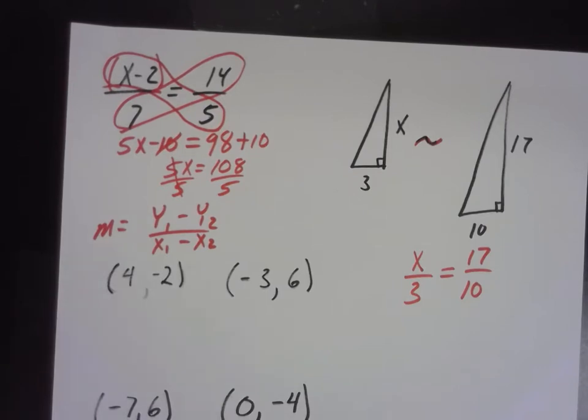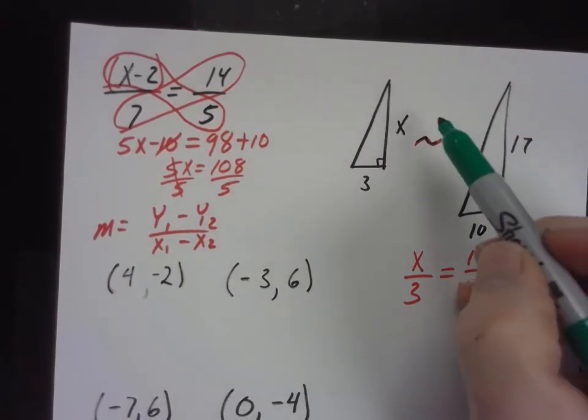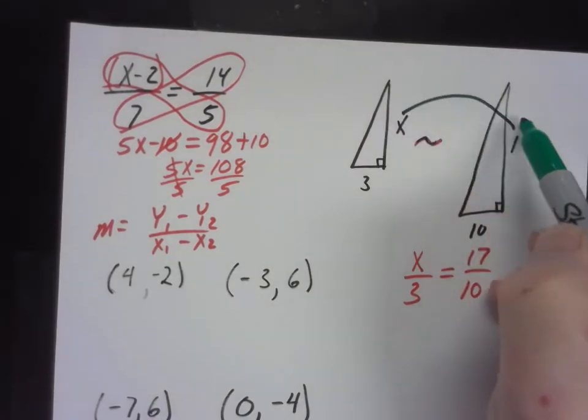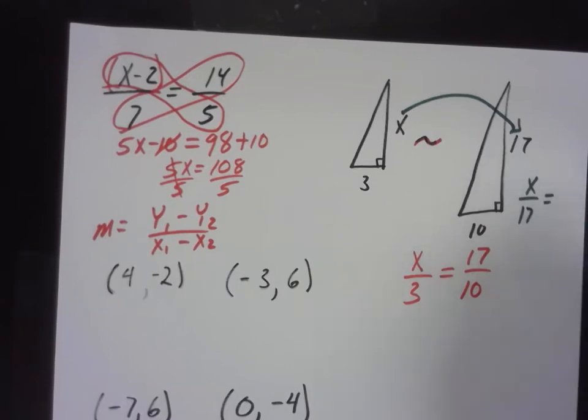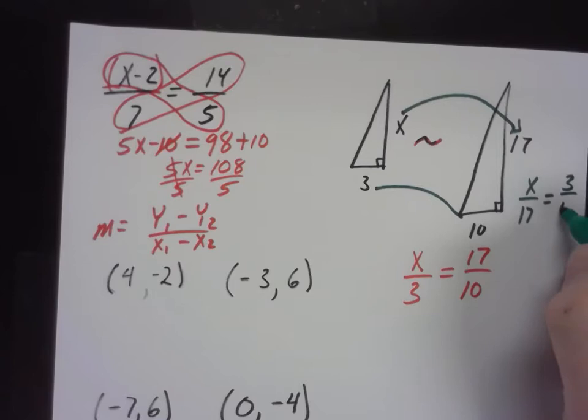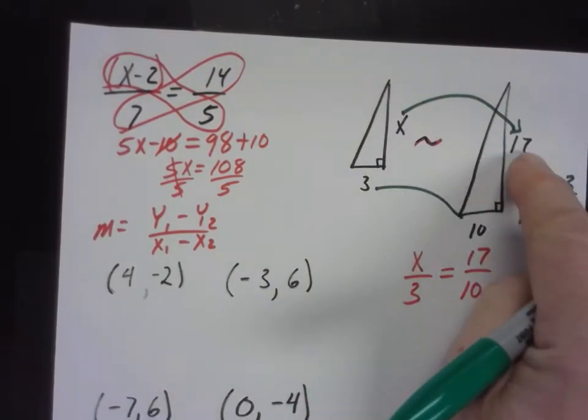Okay? And we could also do it another way. We could say the relationship between x and 17 is going to equal the same relationship as the 3 and the 10. Or x to 17 equals 3 to 10.